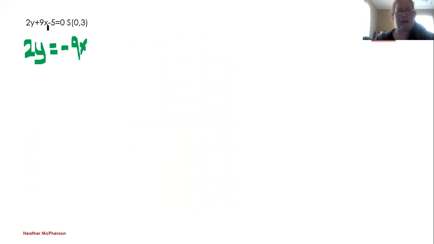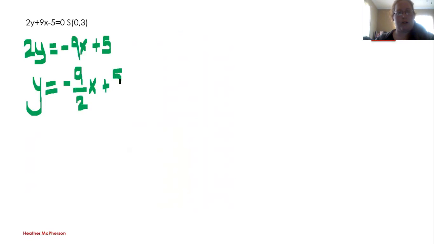And then that was a negative, so it's going to be a positive plus 5. Well, the y is still not by itself, so we're going to divide both sides by 2. So you would get y equals negative 9/2 x plus 5/2 as the equation of your original line.